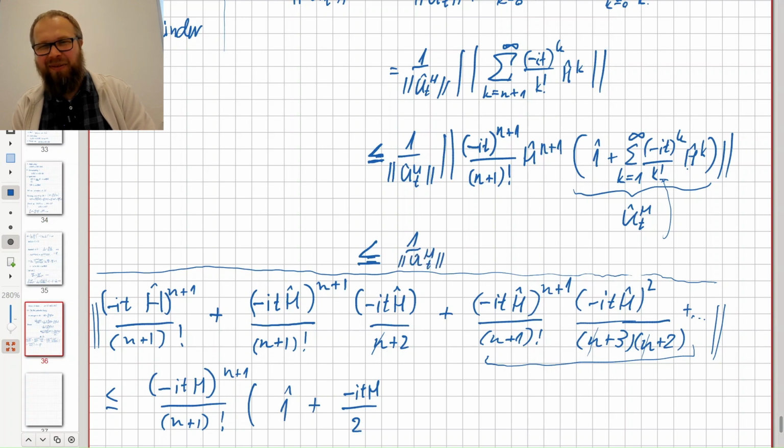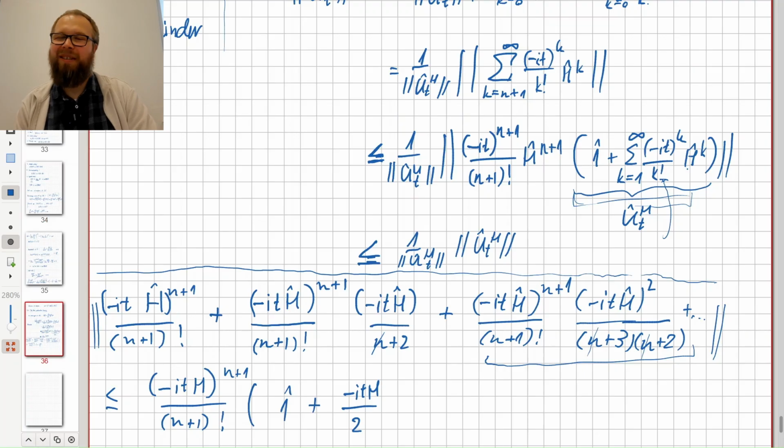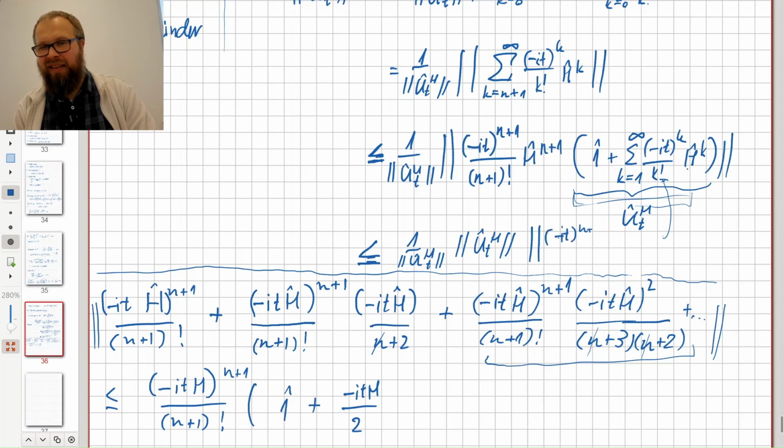Okay, so we have the denominator, fullness of completeness of fullness, submultiplicativity, so we can factor out the u, and we get our remainder here, minus i t H, H^(n+1) and the factorial.